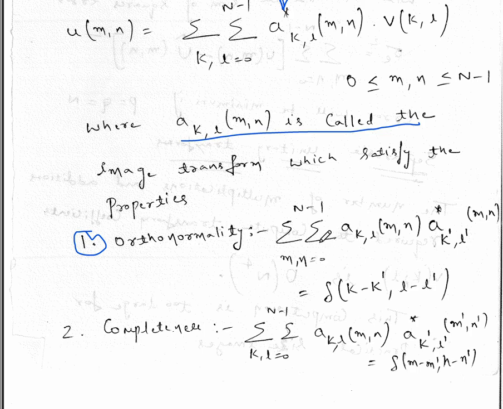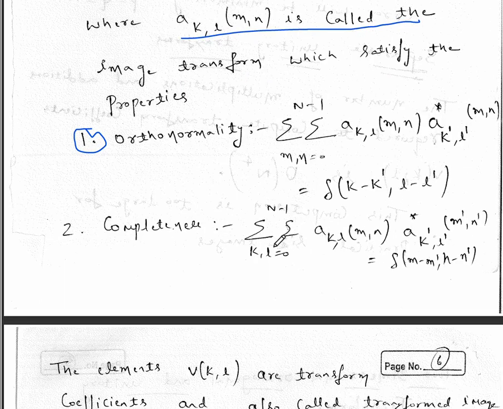In orthonormality, the summation over m comma n from 0 to N minus 1 of a k comma l of m comma n into a conjugate of k dash comma l dash of m comma n is represented by delta of k minus k dash comma l minus l dash. And next is completeness. In completeness also, we are considering the m and n values, that is, the axis values.